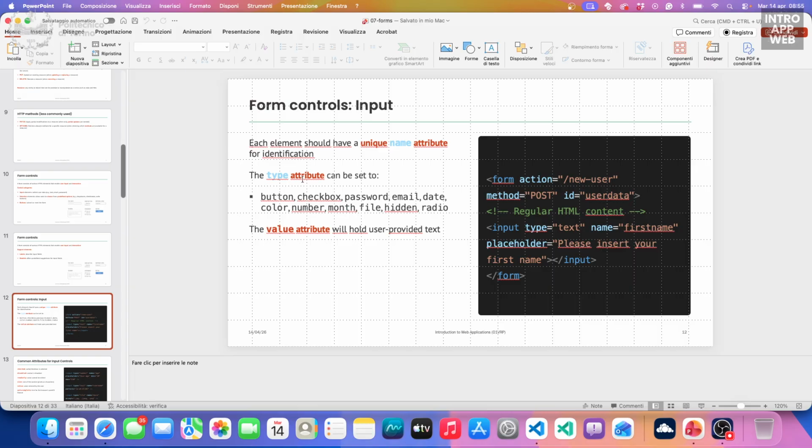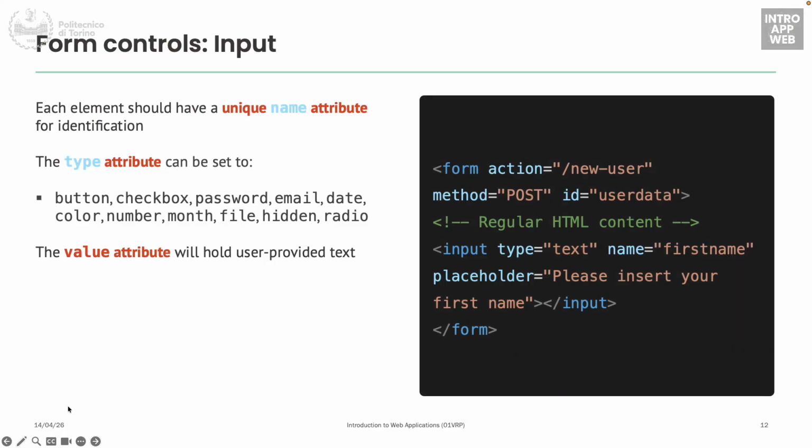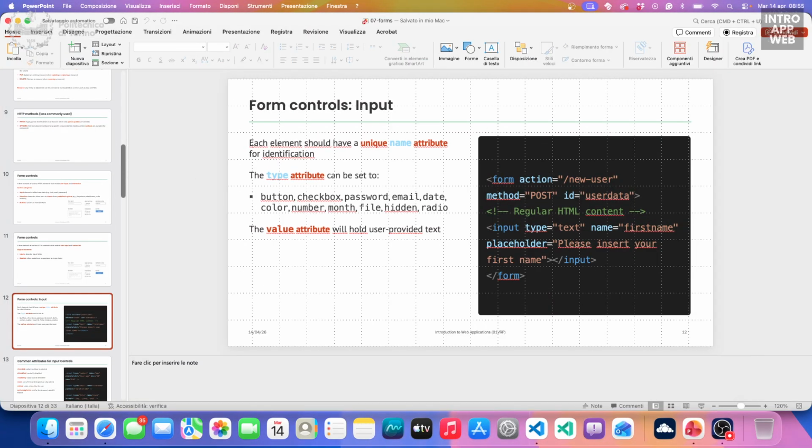And then here in the type attribute, let's take into account that this can be changed to a button, to a checkbox, to a password, email, date, color, number, month, file, hidden, and radio. Let's see what happens if we interchange those values and see how the component behaves, okay?